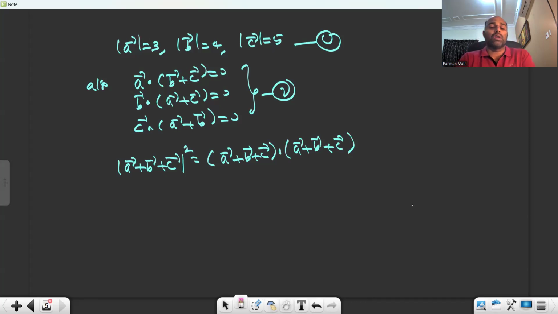Dot product. Now start. A dot A, magnitude A square. Better you listen to me. So A initially multiplied with A, so magnitude A square.